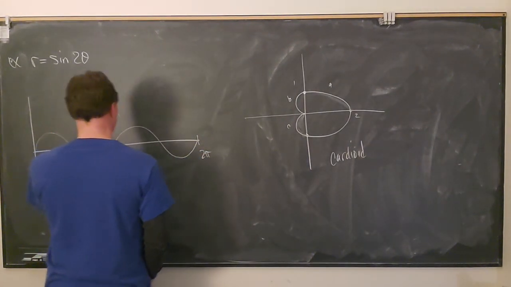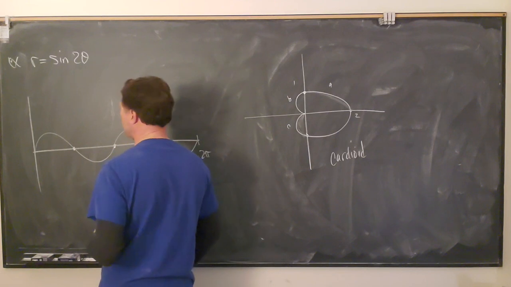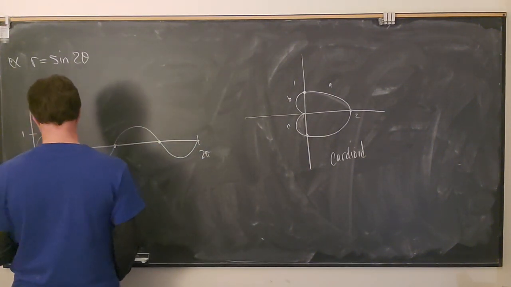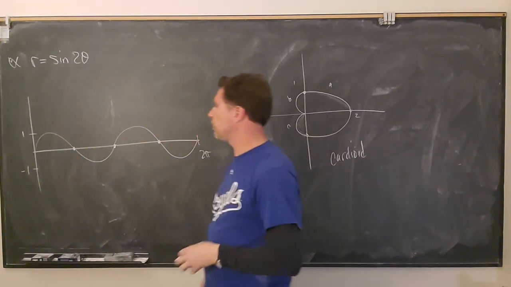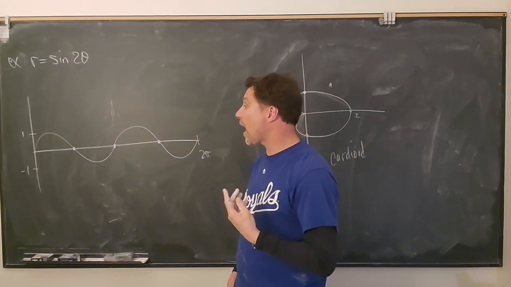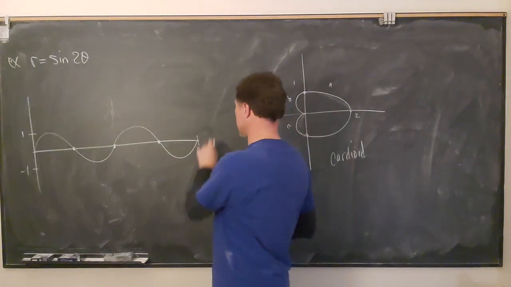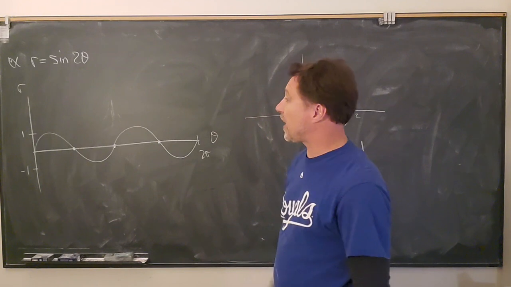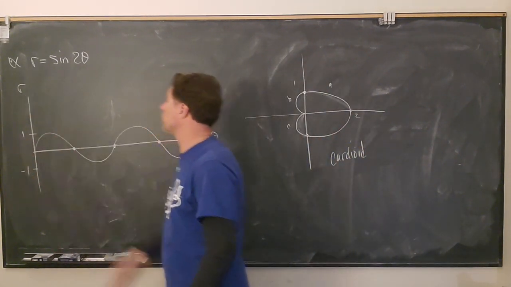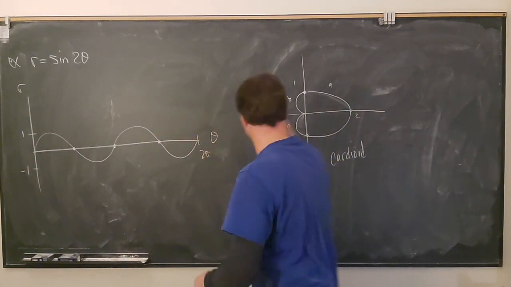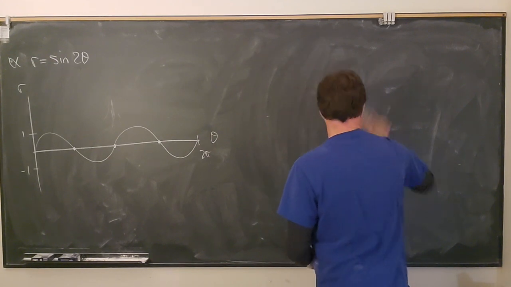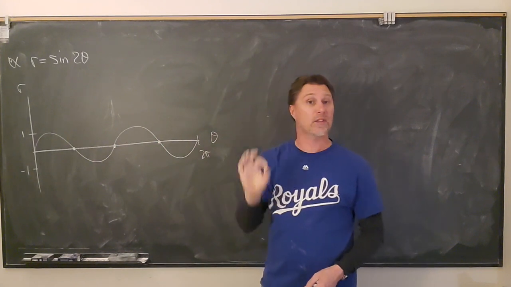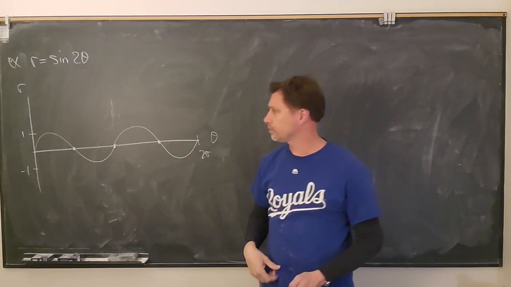And then, as usual, I would like to identify the key points on this graph. I always want to find the places where it crosses the x-axis. Why is that? What does that mean? Oh, I shouldn't say x-axis, that's the theta axis. When it crosses the theta axis, what we're saying is that r equals 0. So in our polar curve, in the xy plane, whenever it crosses the axis, that corresponds to a spot where it's back at the origin, with radius 0.